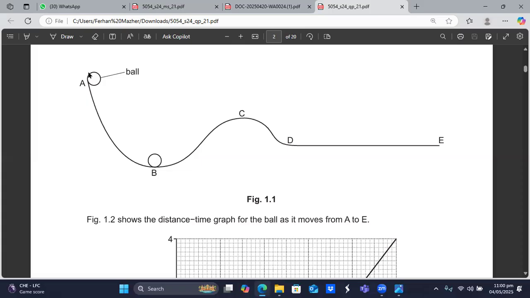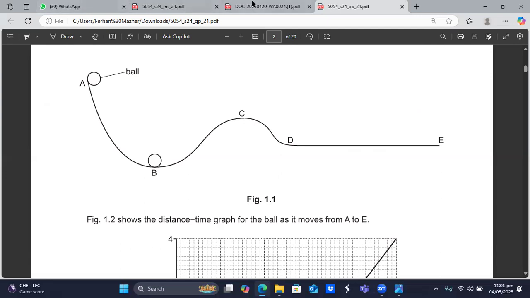Here, because it has come from that height, the speed will be the fastest. Here, the speed will be less than B, more than A, and the D will have speed less than B, but more than C.